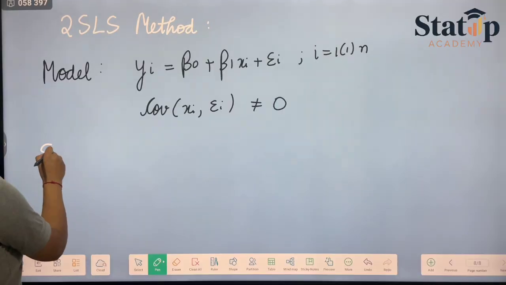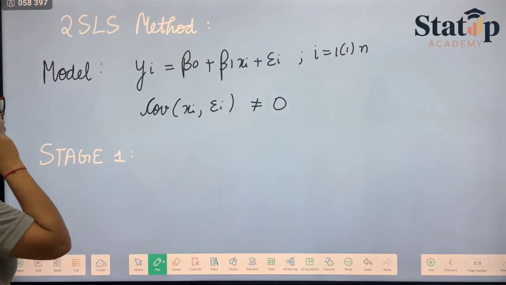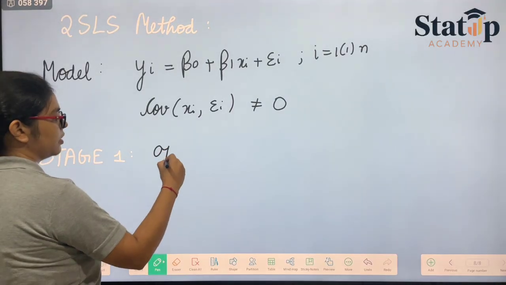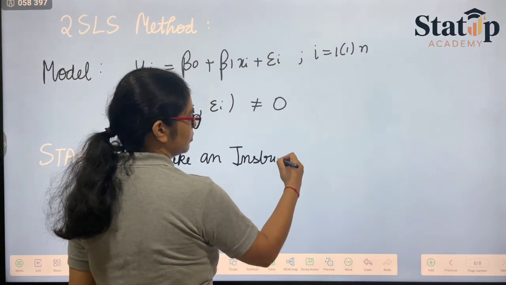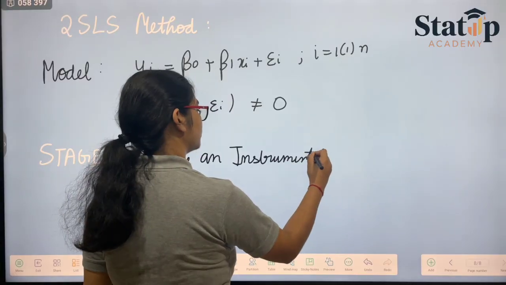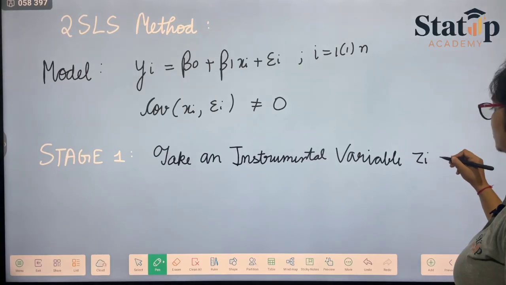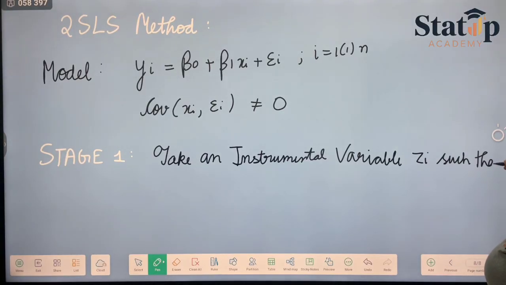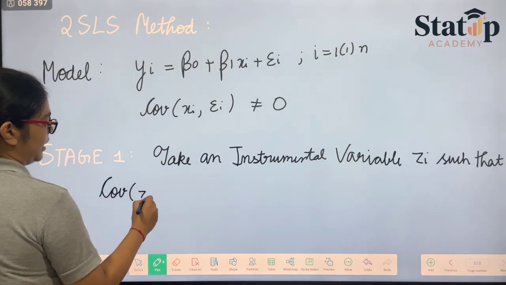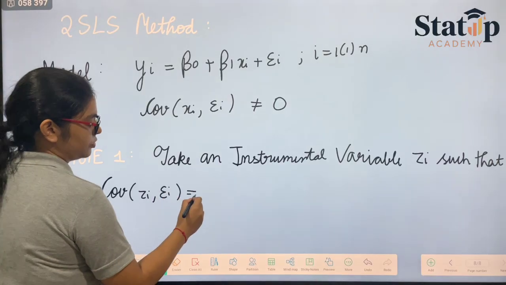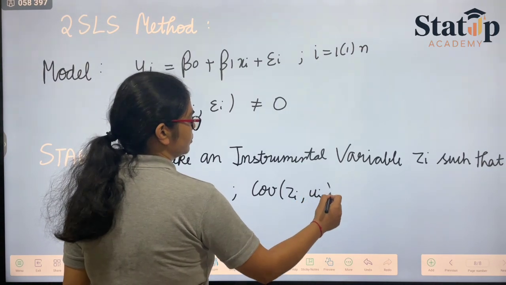So in stage 1, we will take an instrumental variable zi such that covariance between zi and εi is equal to 0, and covariance between zi and ui is also equal to 0.